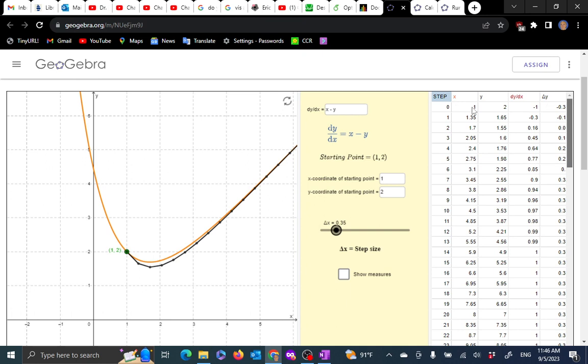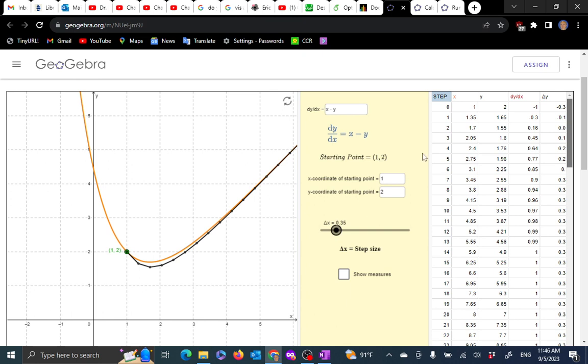Well, this is step 0. That's x0, y0, m0, k0. And then you take this k, you add it to the previous y, and it gives you the next y value. So y1 is 1.65.